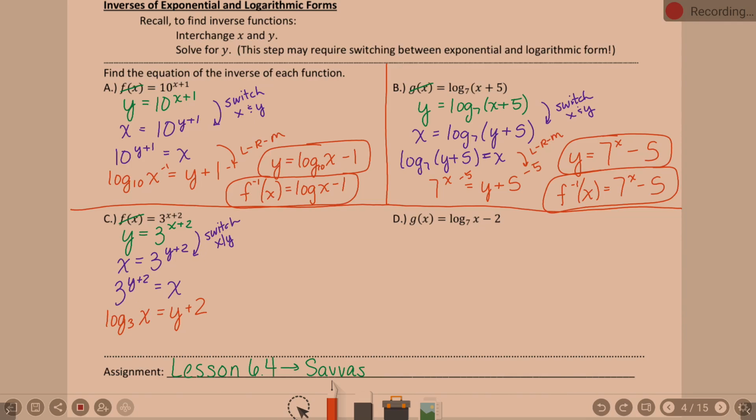How do we get y by itself? Subtract 2. So I'm going to have y equals log base 3 of x minus 2. Or if you prefer, f inverse of x equals log base 3 of x minus 2.